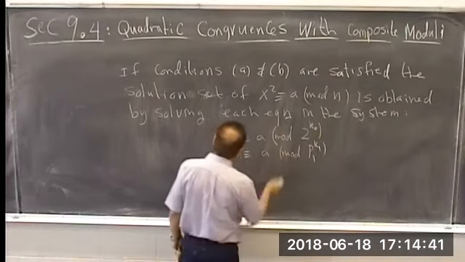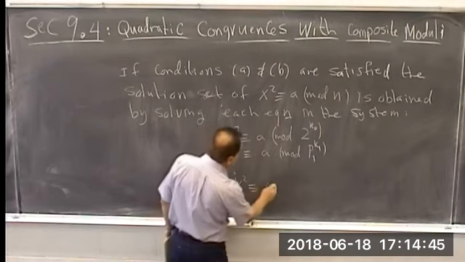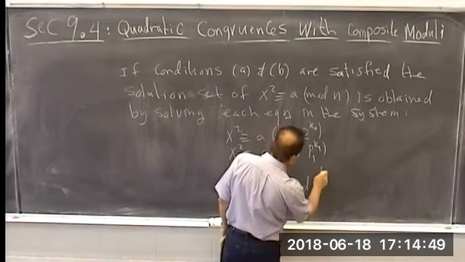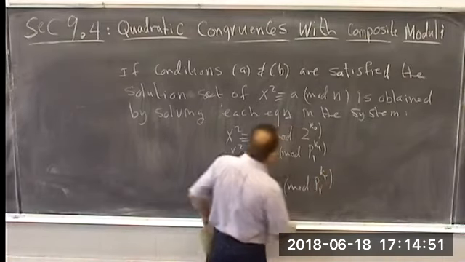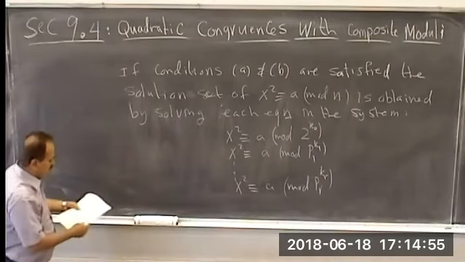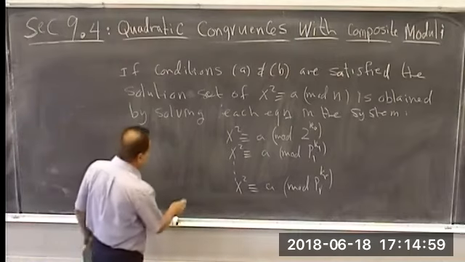Now we know each one of these in itself is going to be another reduction, a mod P r to the K r. And apply the Chinese remainder theorem to find the common solution.